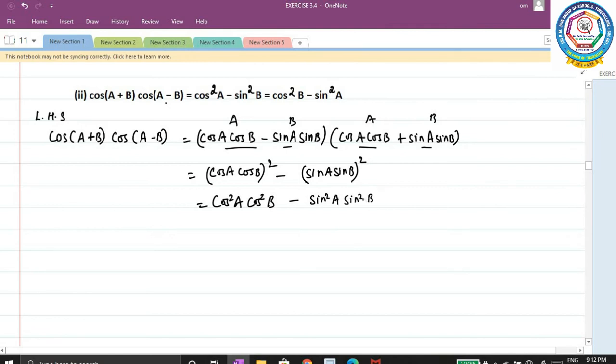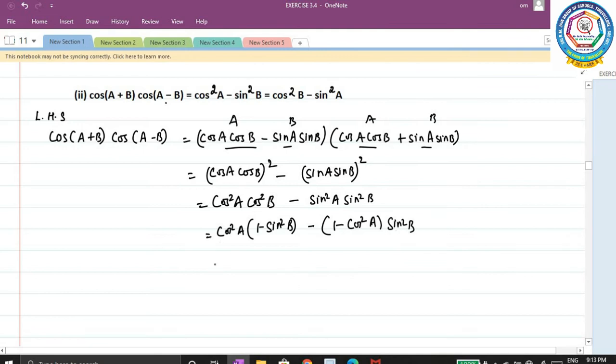Here I am going to apply the identity: cos square theta is equal to 1 minus sin square theta. So 1 minus sin square b here. Then sin square theta is equal to 1 minus cos square theta, so 1 minus cos square a here, then sin square b.